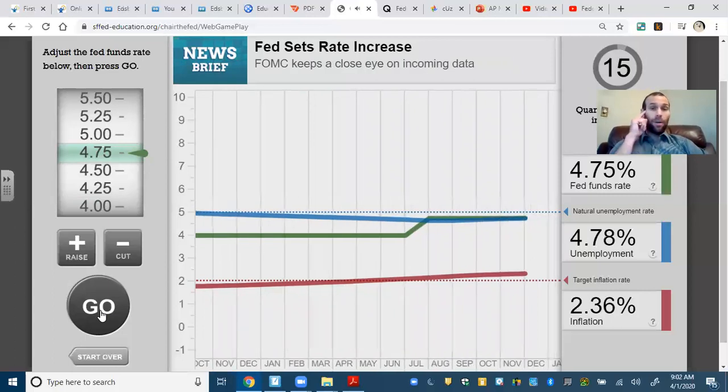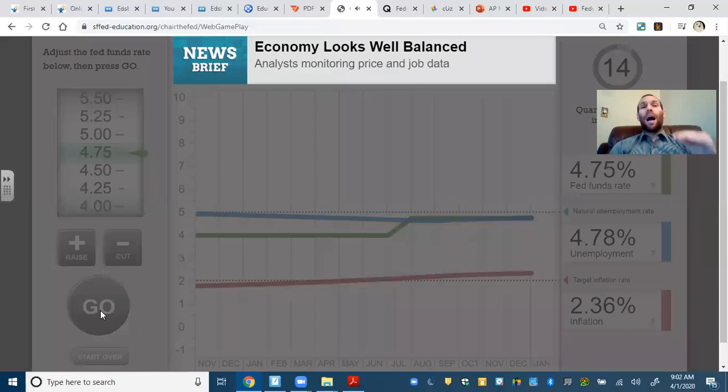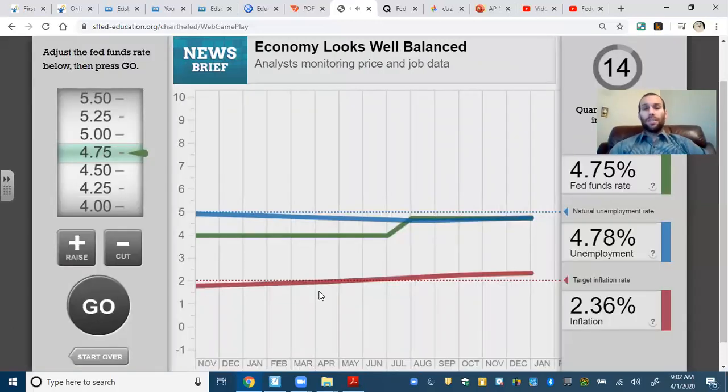One thing to think about as it's moving is I'm putting a little bit of downward pressure. And if you notice, the inflation rate, it's not going up as much. It's flattened out a little bit. Remember, I'm still really close to my target rate, so I'm not in any kind of panic right now. So I bet if I click it right now, it'll flatten out at, you see it right there, about 2.36, or might even start going down right now.